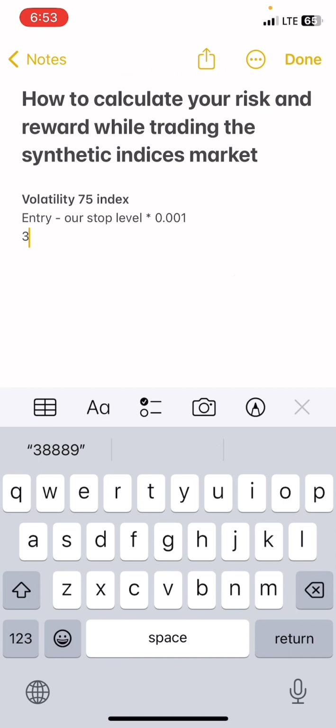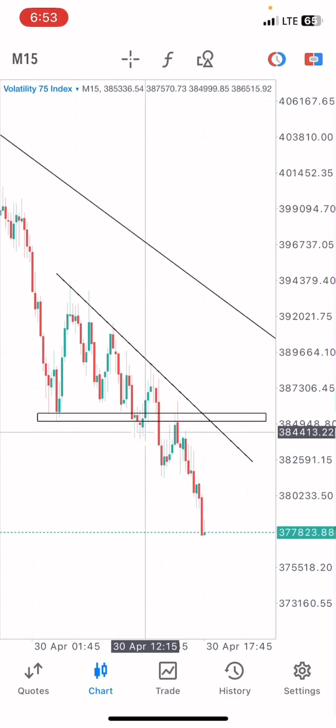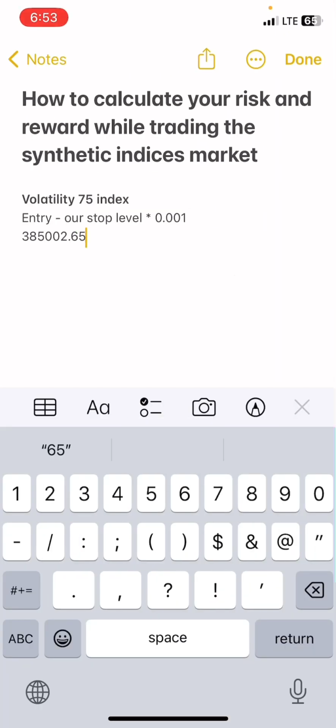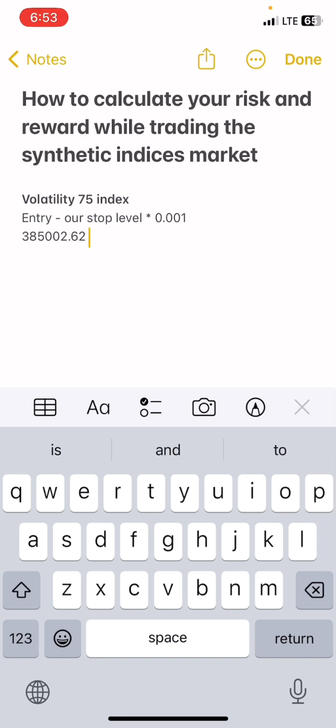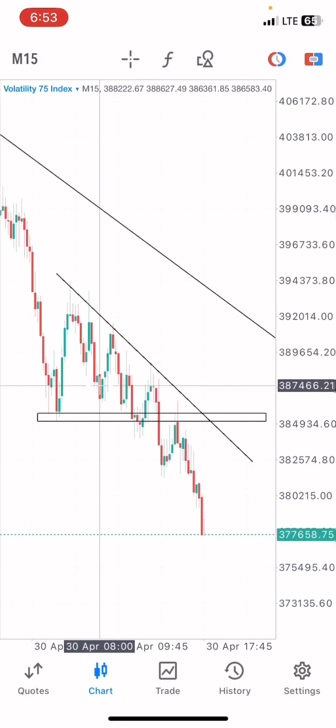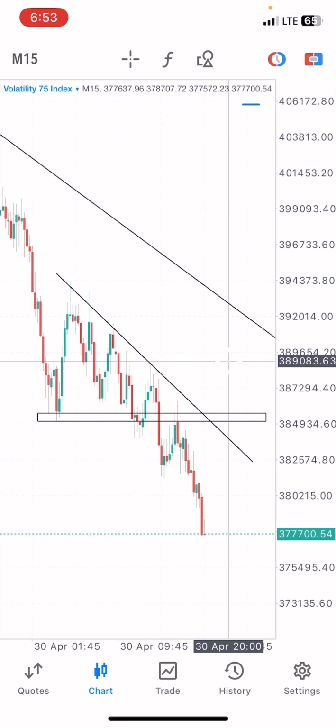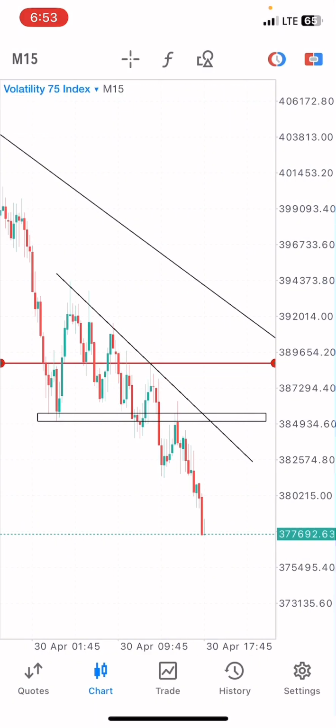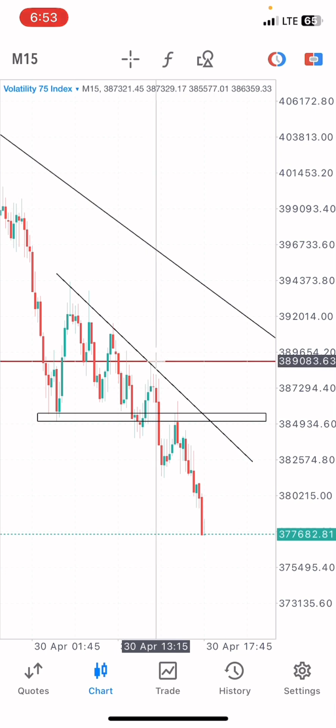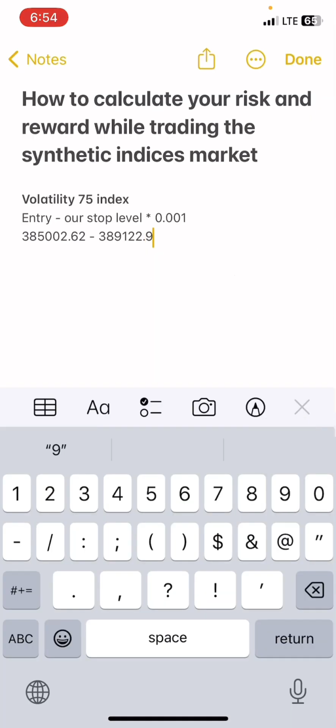0.001. Assume our entry level is at 0.62. Then that's our entry level basically. Then our stop level is at, let's say our stop level is on this red line. So let's check the price level, 38996.